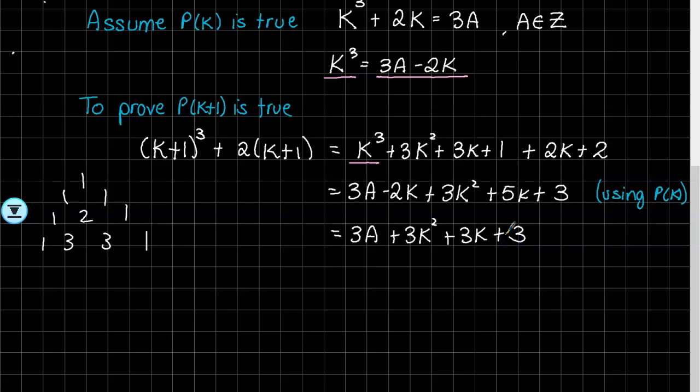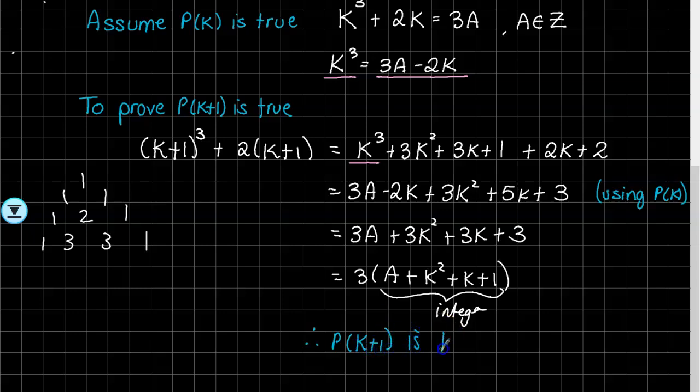And so we go, that's 3a plus k squared plus k plus 1. That's an integer. Therefore, Pk plus 1 is true. Now, I know the statement. You need to write it down.